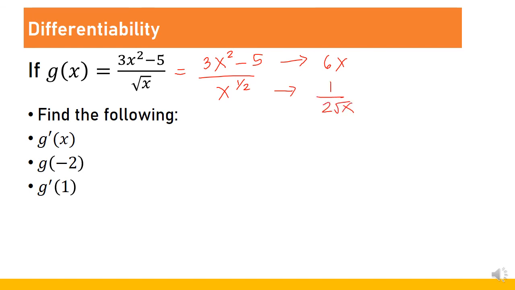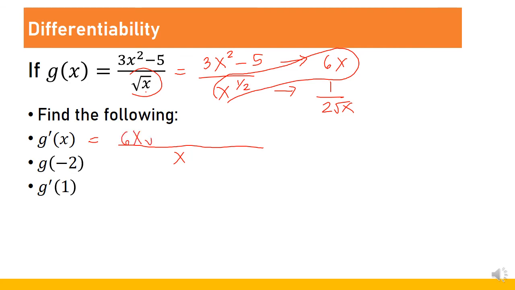Okay? So, when we get g prime of x, that will be a quotient. Square of the denominator is x. Then, multiply this. That will be 6x. This is square root of x, no? So, 6x times square root of x minus this product.